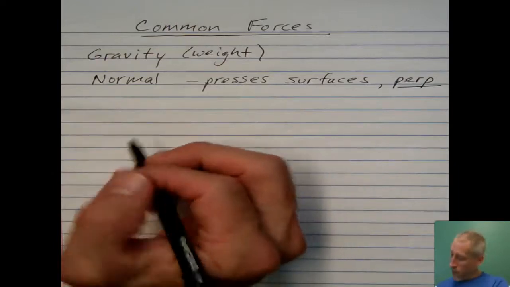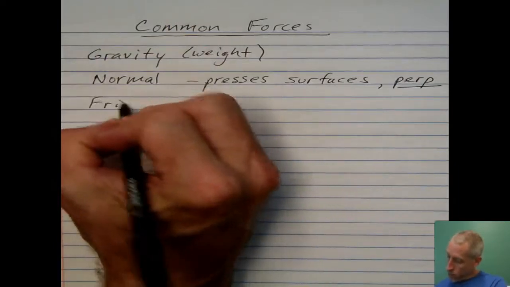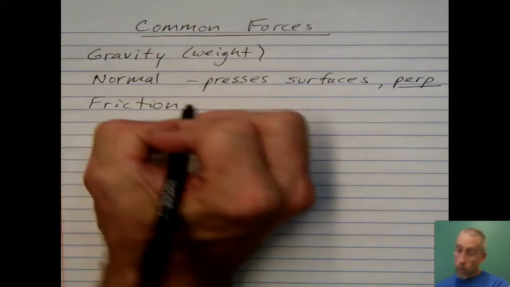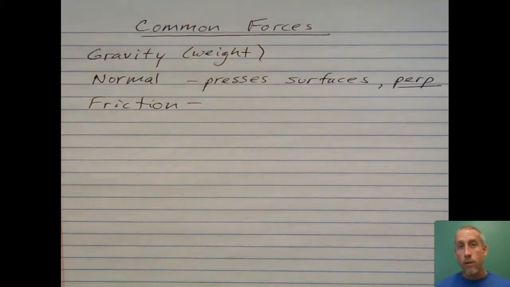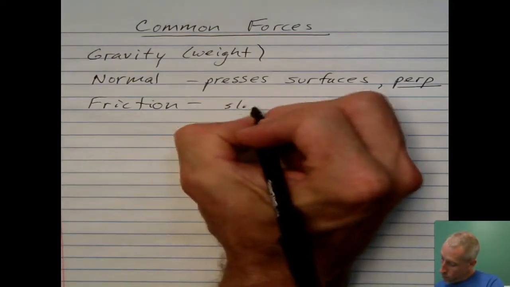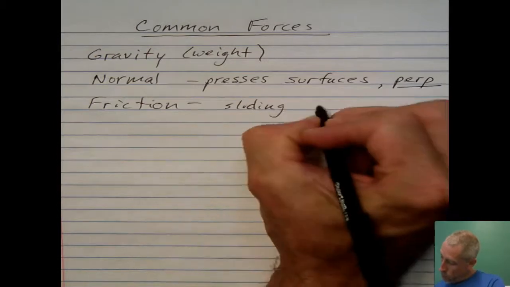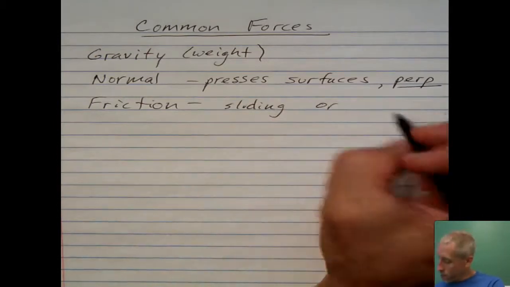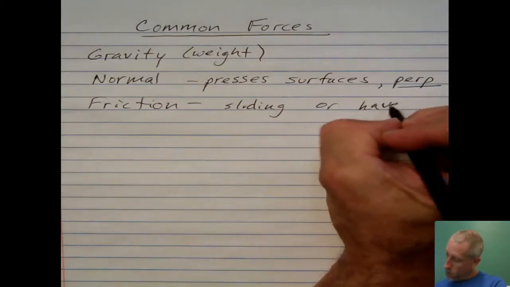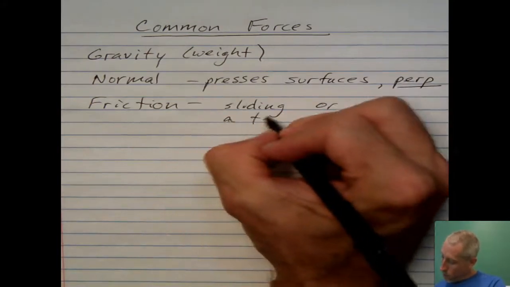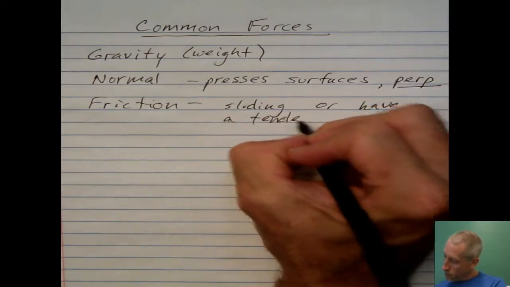You can also have friction. And you don't always have friction, but if you have a surface, you can have friction. And that's if the surfaces are sliding or have a tendency to want to slide. I say it has a tendency to slide.